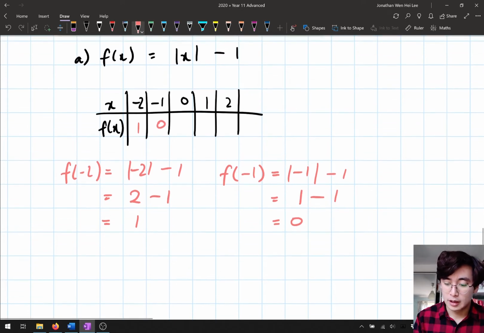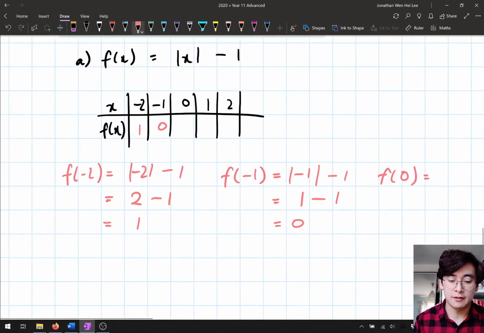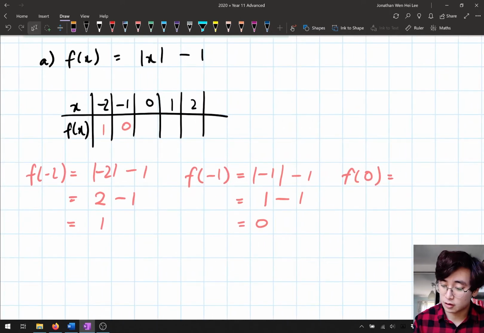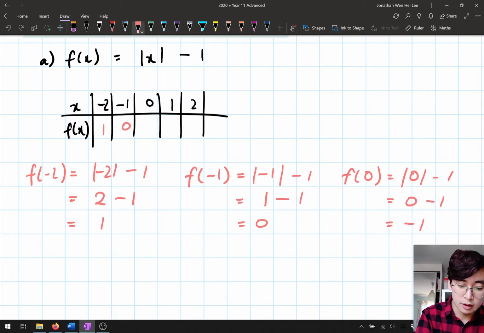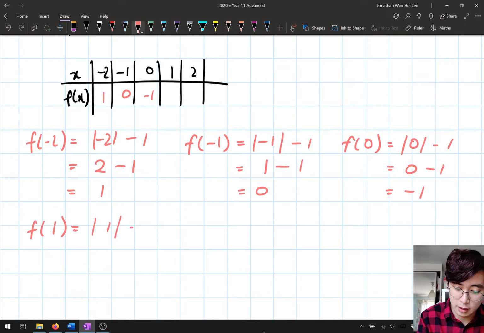Okay, cool. Let's do the third one, f of 0, where I substitute x is equal to 0. So f of 0 is just going to be the absolute value of 0, minus 1. Absolute value of 0 is just 0, minus 1, which is minus 1. Okay, I'm going to go to the next one, which is when x is equal to 1. F of 1 is just absolute value of 1 minus 1.